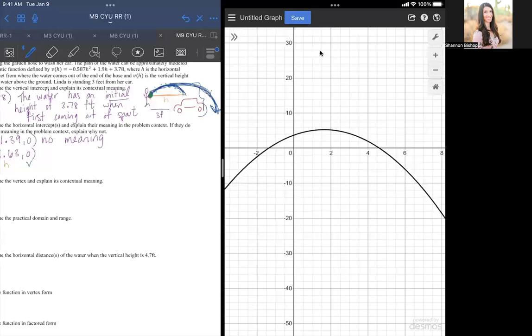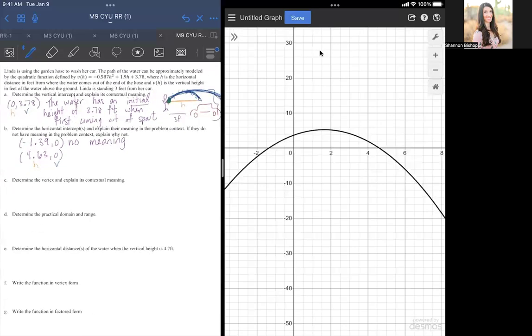The way that I think we would handle this is you could say it both ways, maybe to cover your bases. You might say, the water hits the ground. That would be the zero, right? The water hits the ground at a horizontal distance of 4.63 feet, because that is what it means.